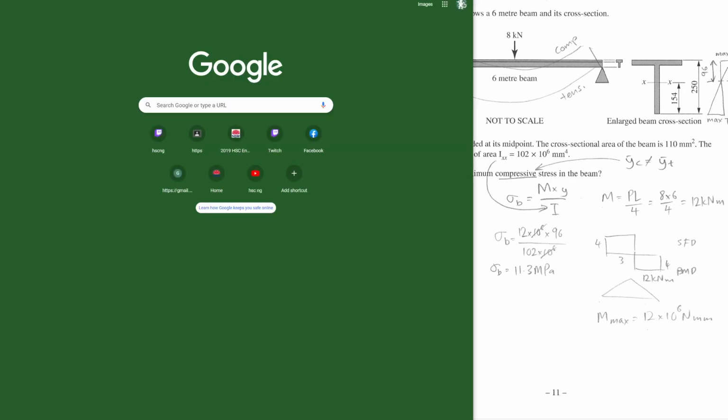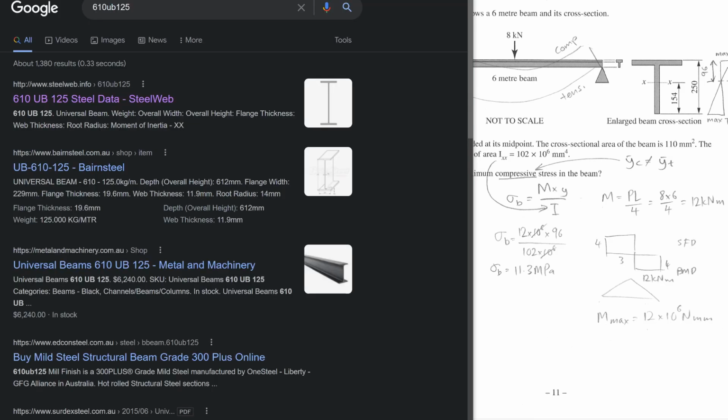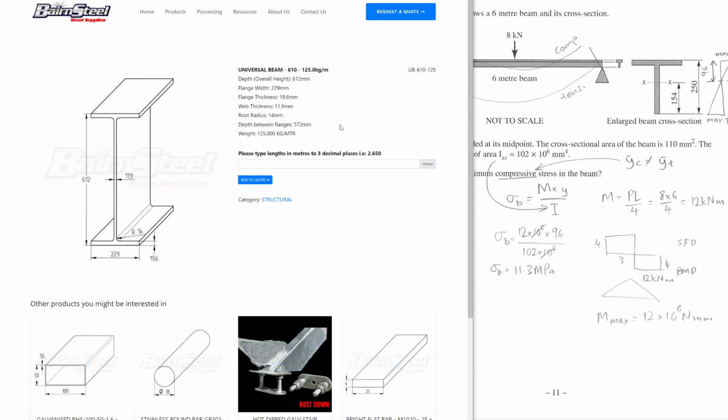so if we look up, I always use the big beam. This is kind of the biggest beam that you buy, and in Australia, this is a place that sells steel. And when we look at their material properties, do they have material properties?